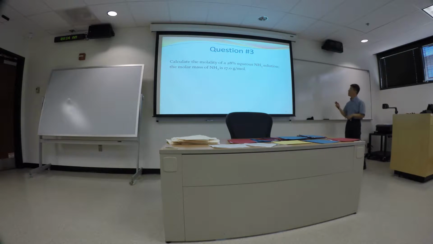So this means if you take 100 grams of the solution, you would have 28 grams of ammonia and 72 grams of water. That's what 28% by mass means.